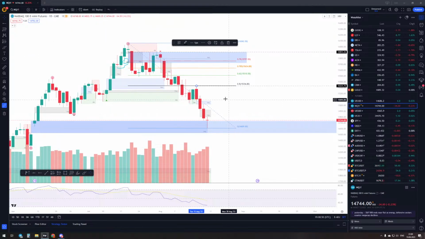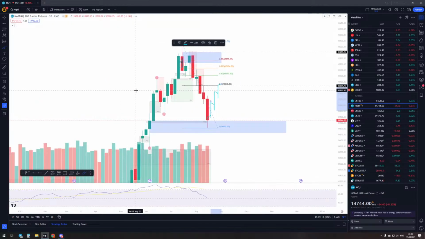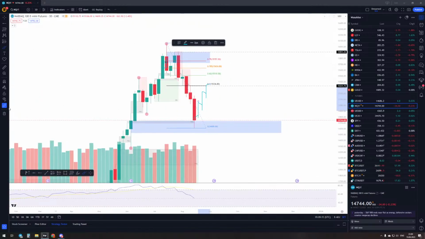So for example, this imbalance will probably give some reaction, because price cannot go straight up, right? It will go like this. We're going down, test. So it will be something like this, and we'll see what we'll have here.